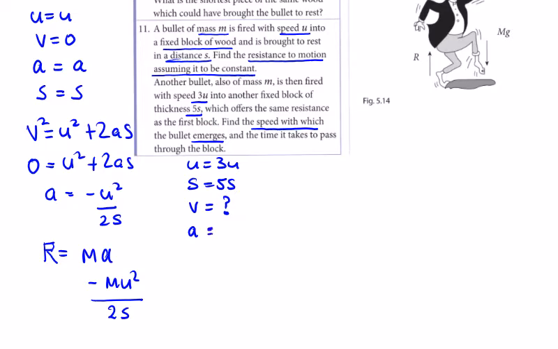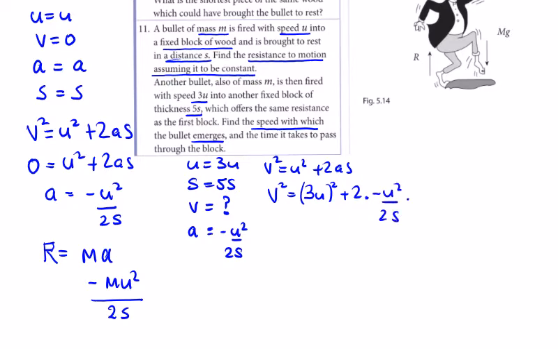Minus u squared over 2s. We're going to have v squared again is equal to u squared plus 2as. V squared is equal to 3u, let's change speed to v squared, plus twice minus u squared over 2s times s, the 2as.